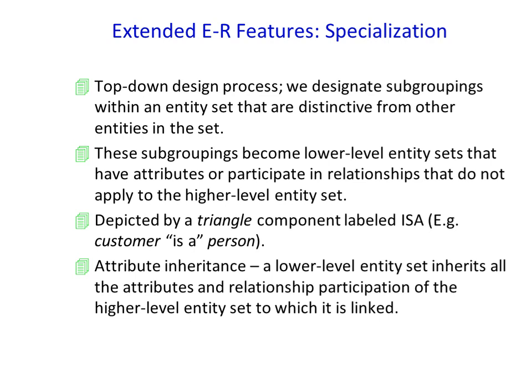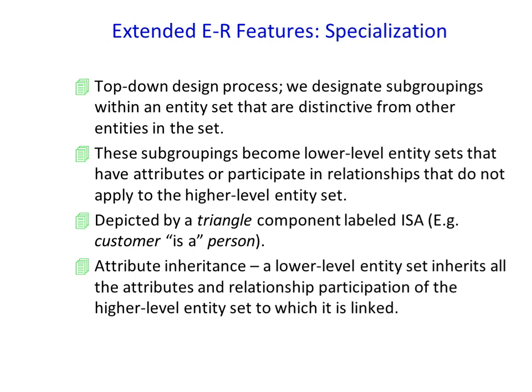First one is specialization. In the top-down design process, we designate subgroupings within an entity set that are distinctive from other entities in the set. These subgroupings become lower-level entity sets that have attributes or participate in relationships that do not apply to the higher-level entity set.